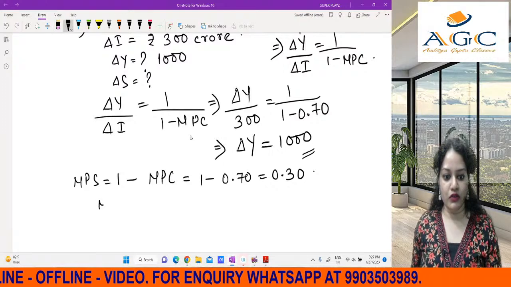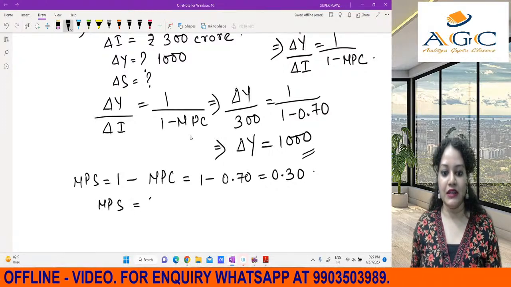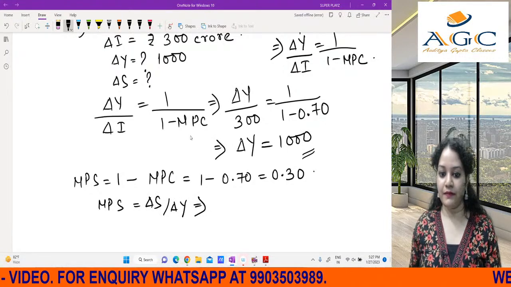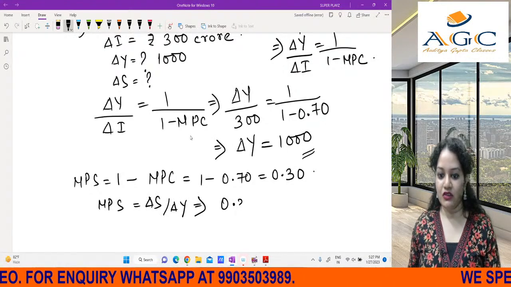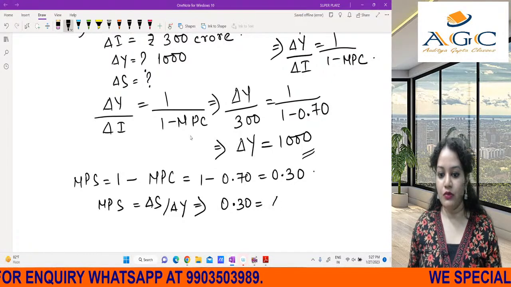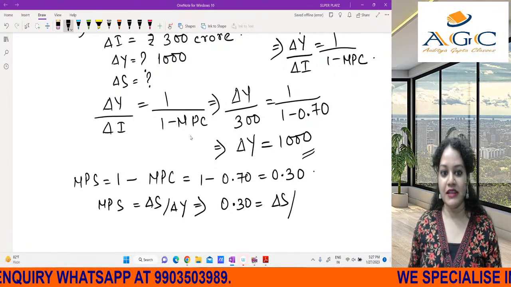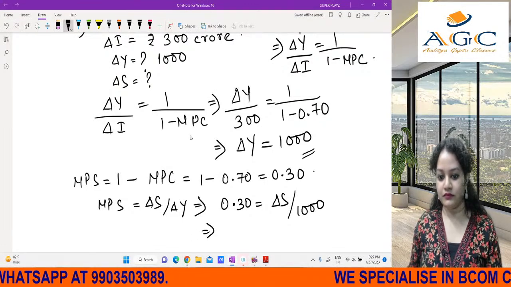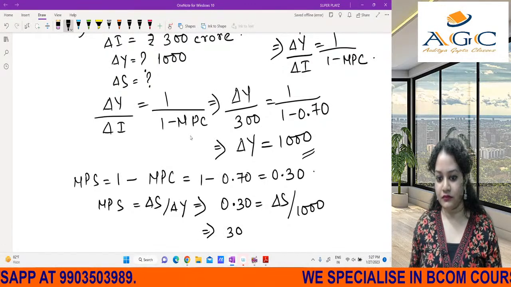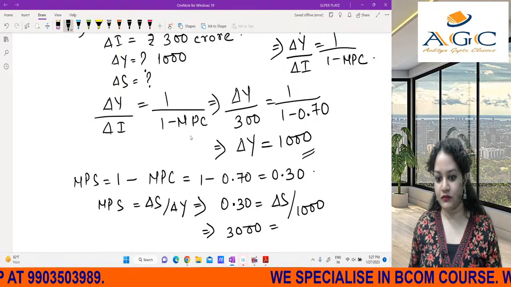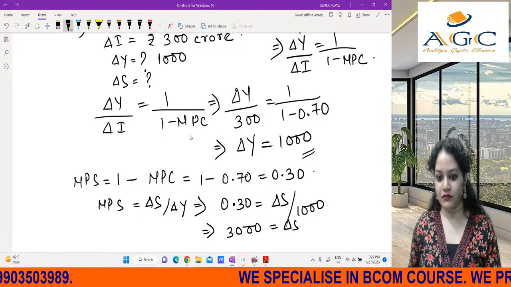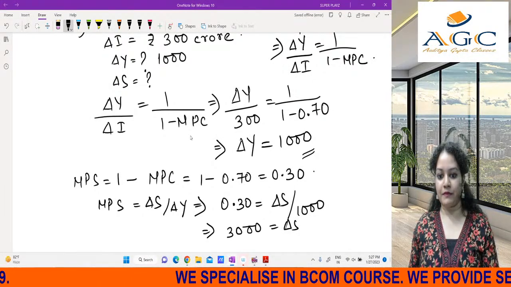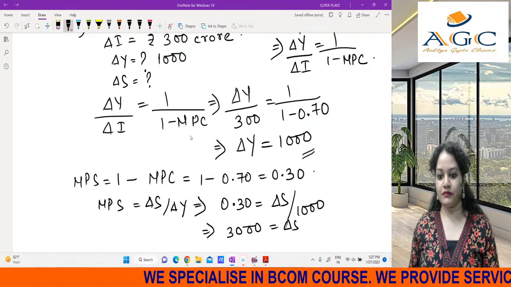Now what do we know our formula for MPS is? Delta S by delta Y, right? So MPS is 0.30, equal to delta S, which we have to find out, divided by delta Y. And what is delta Y? It is 1000. Okay.